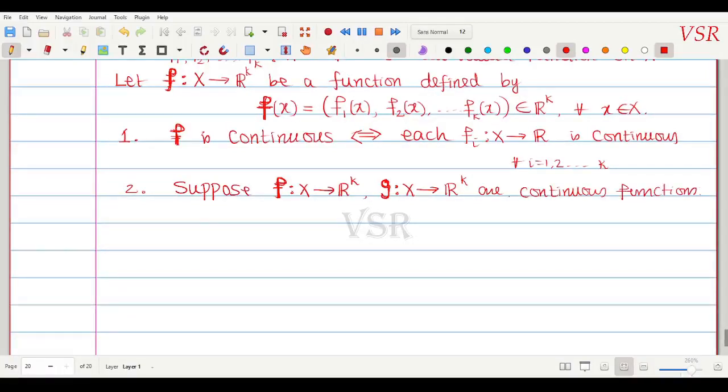Then the vector addition, that is f plus g.